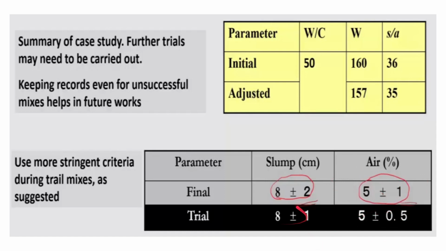But if the trial error range is higher, the final range will be even higher. So it is important that, to reduce the uncertainty as much as possible, the criteria made should be as stringent as possible. And a record should be kept for every successful as well as unsuccessful mix, because those help in future mixes.